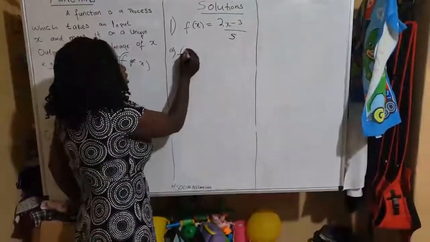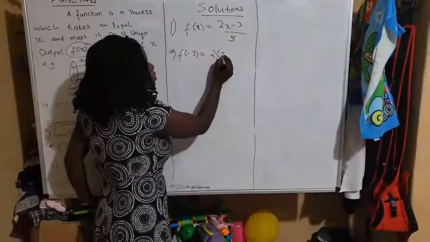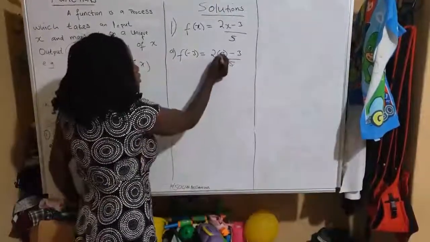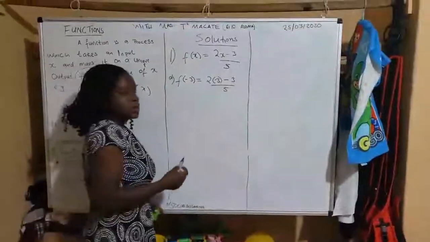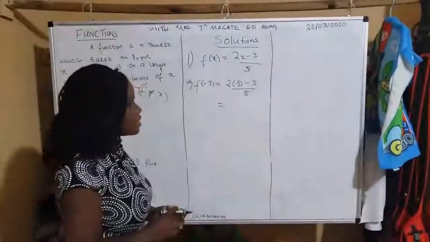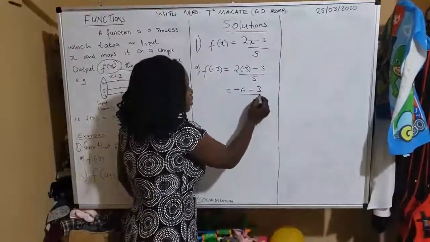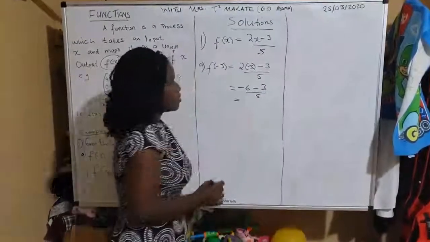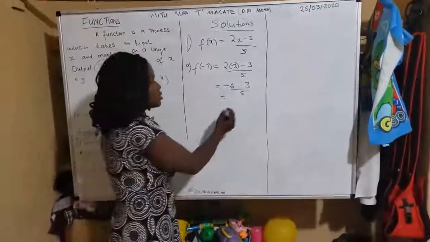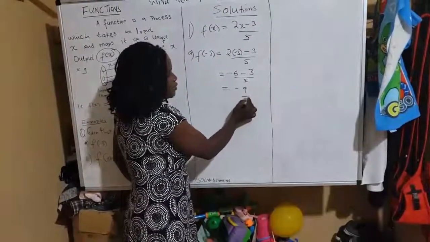So f(-3) is equal to (2 times -3 - 3)/5. 2 times -3 gives us -6, so -6 - 3 is equal to -9, over 5.